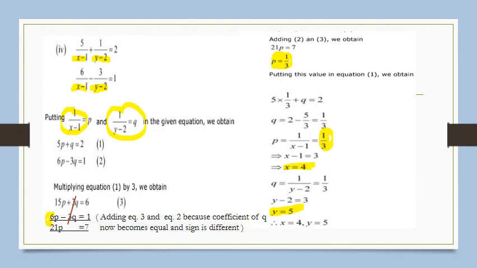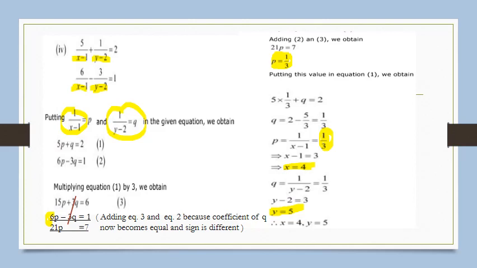You have to substitute this value of p equals 1 upon 3 in equation 1. That gives you the value of q, and the value of q is 1 upon 3. Here p and q are both of the same value.